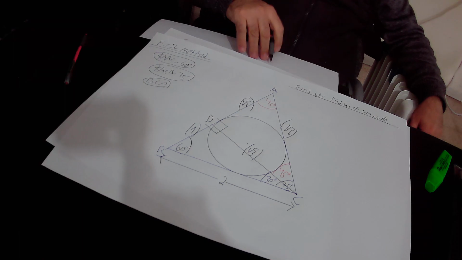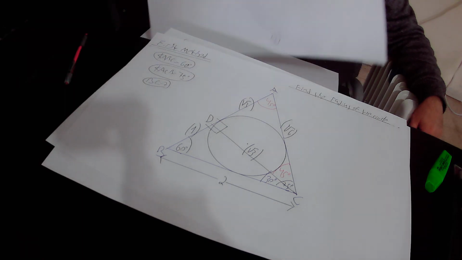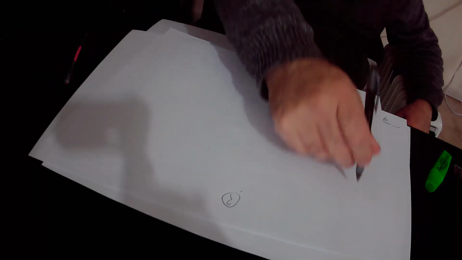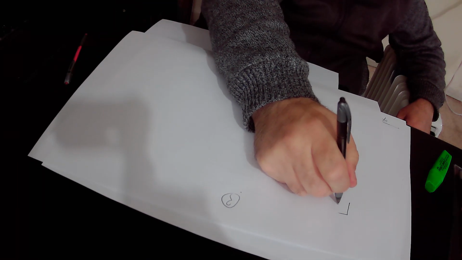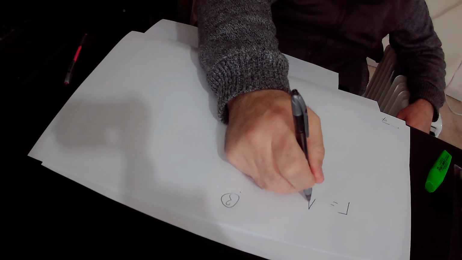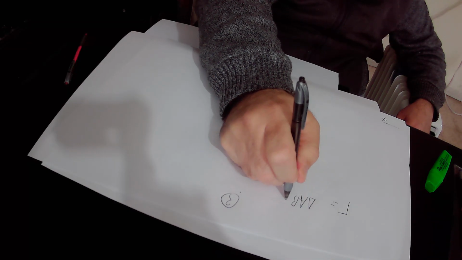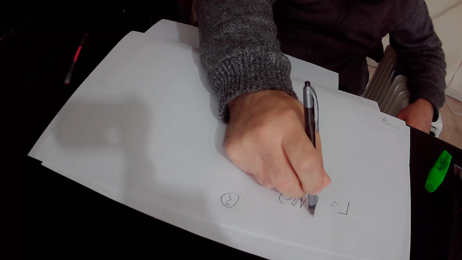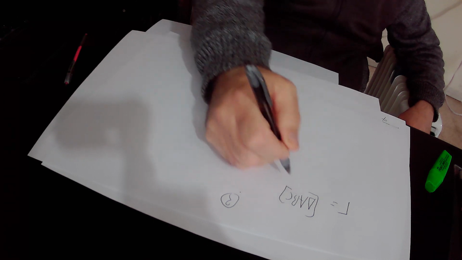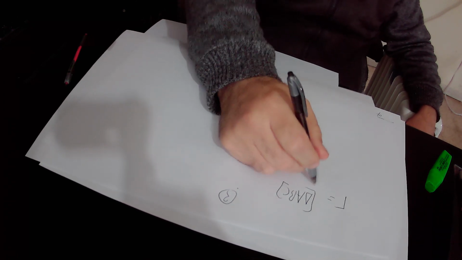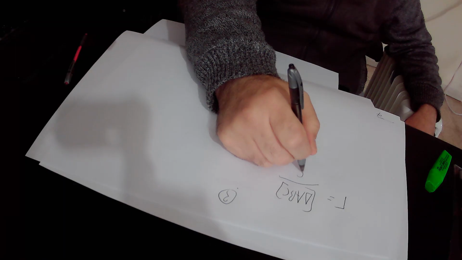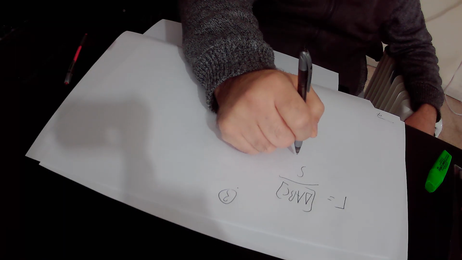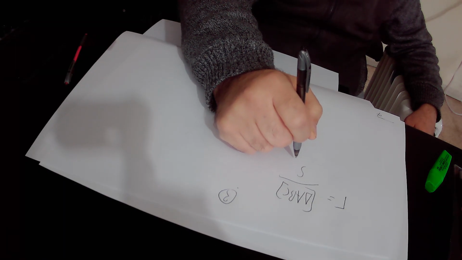So I write it down. The radius of our circle, the radius that we are looking for, will be equal to the area of triangle ABC. The square brackets are the sign for the area, it means the area of triangle ABC, over S, that is the semi-perimeter of triangle ABC.